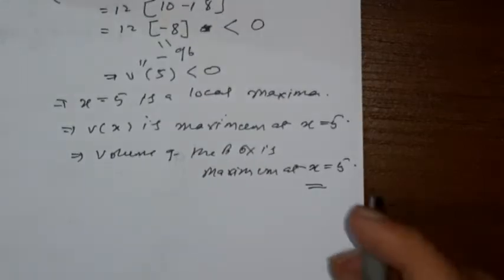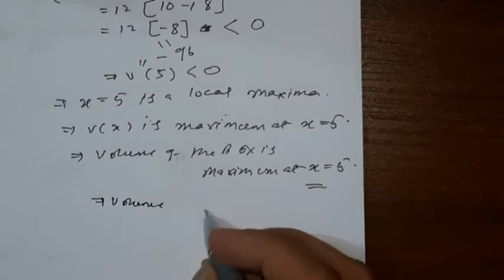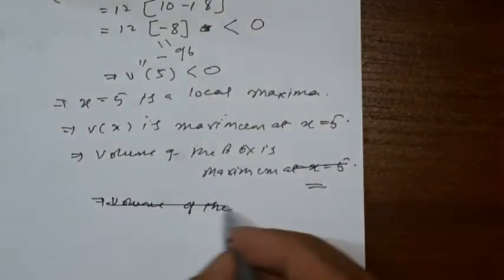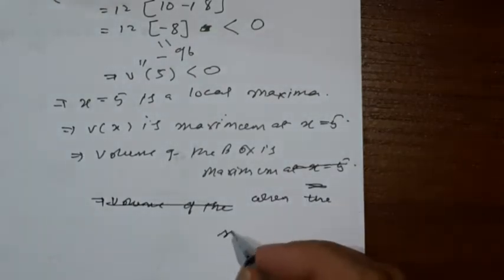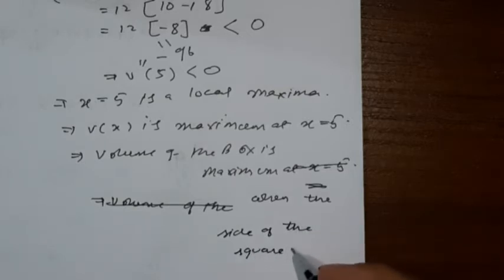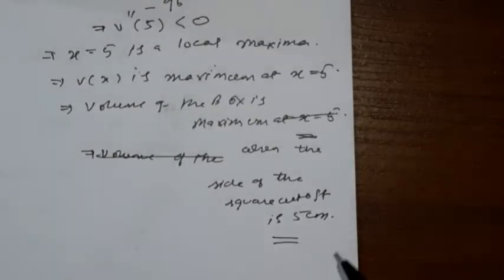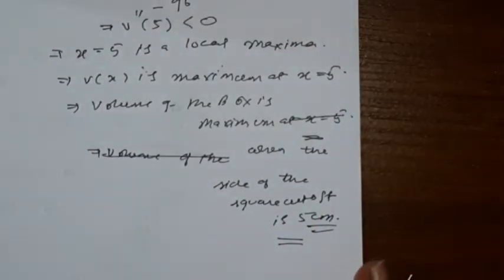That means the volume of the box is maximum when the side of the square cut off is 5 centimeter. So this is the answer. That was problem number 18.